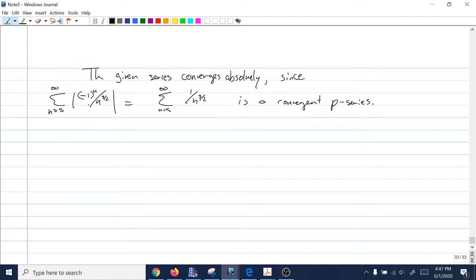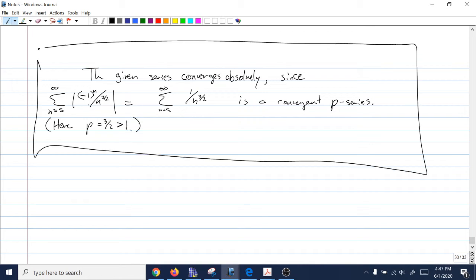It's going to be tempting to say here p equals 3 halves is greater than 1. I don't know if I need to put that last bit, which is why I put it in parentheses. I'm adding that in to make it totally clear why I know it's convergent. 3 halves is bigger than 1 is the thing that I'm seeing.